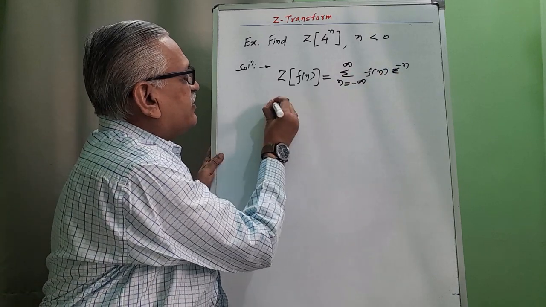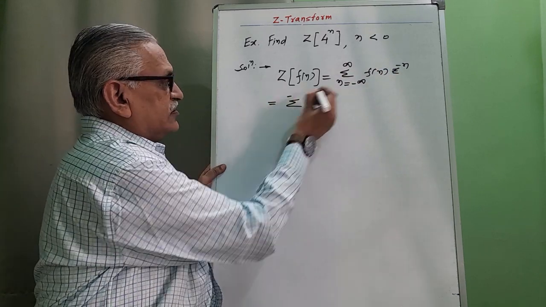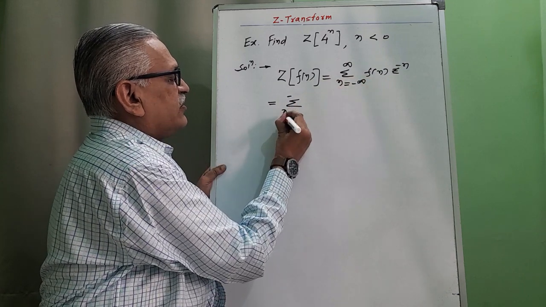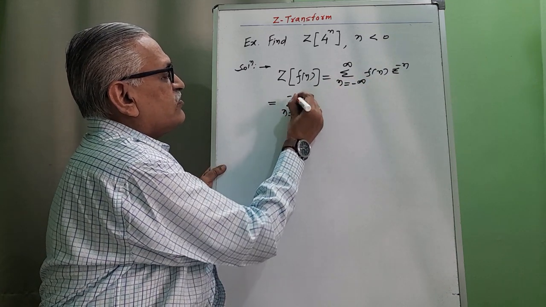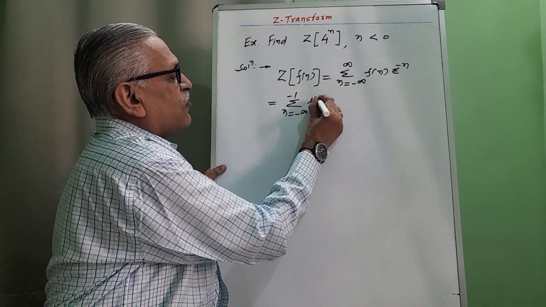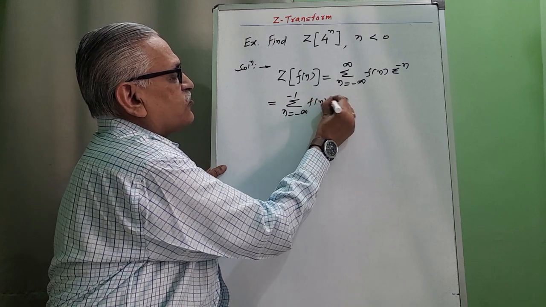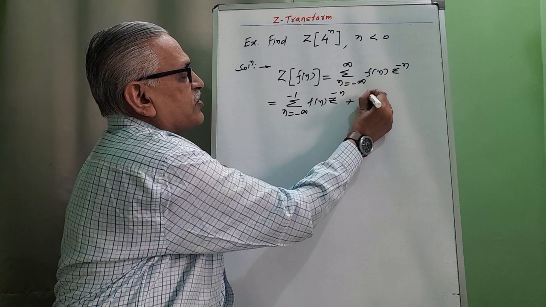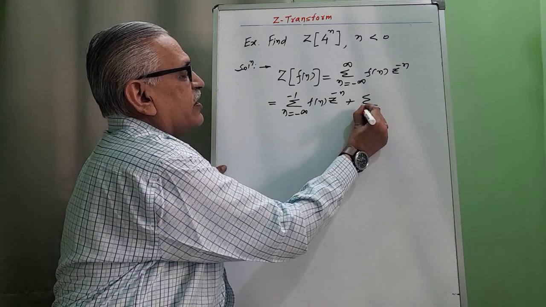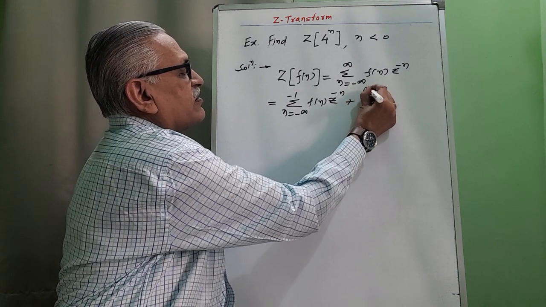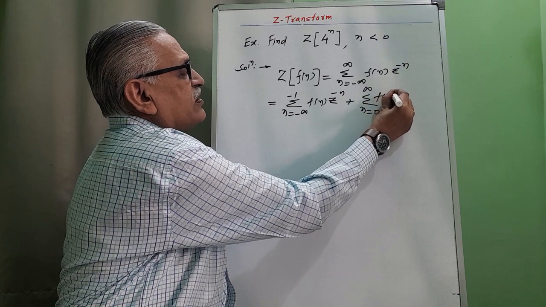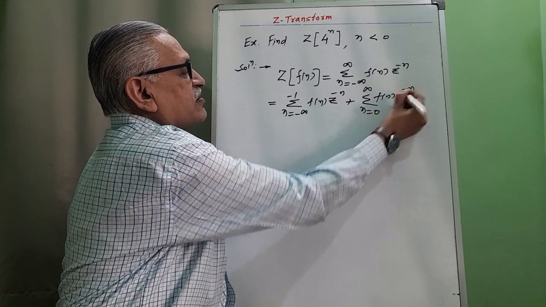Then rewriting it, it is equal to the summation from n equals minus infinity to minus 1 of f of n into z raised to minus n, plus the summation from n equals 0 to infinity of f of n into z raised to minus n.